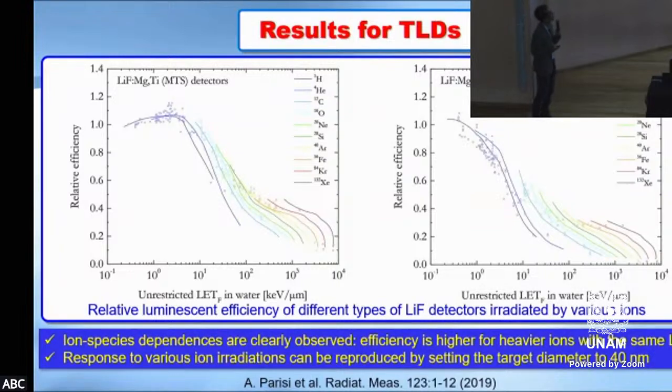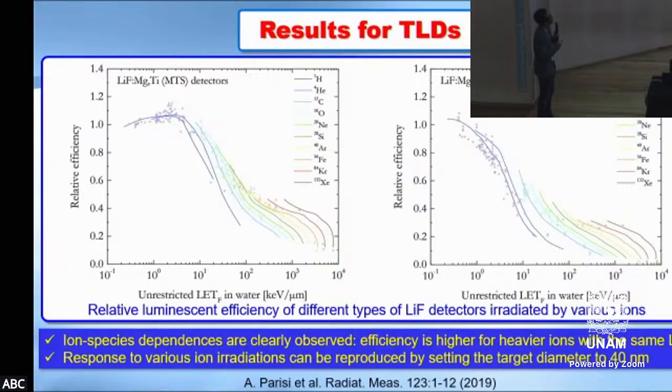So the first one is for TLD, and these graphs show the relative luminescence efficiency of different types of lithium fluoride detectors irradiated by various ions. It's rather difficult to see, but the experimental data clearly shows ion species dependence. It's quite similar to what Maria presented at the beginning of this conference. So we have different response for the same LED.